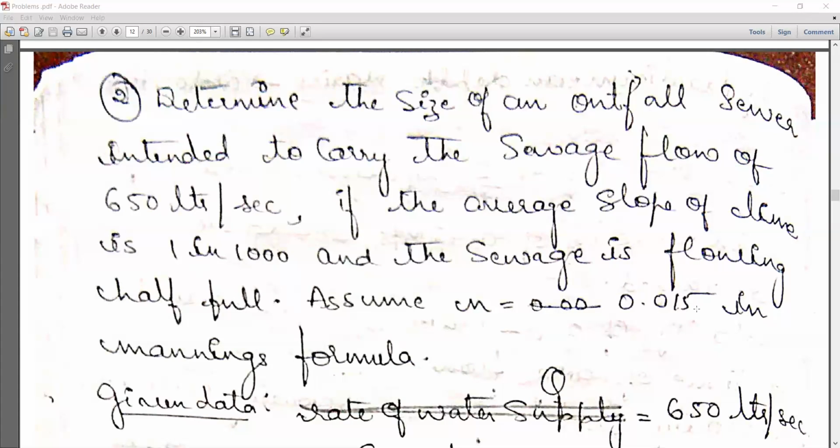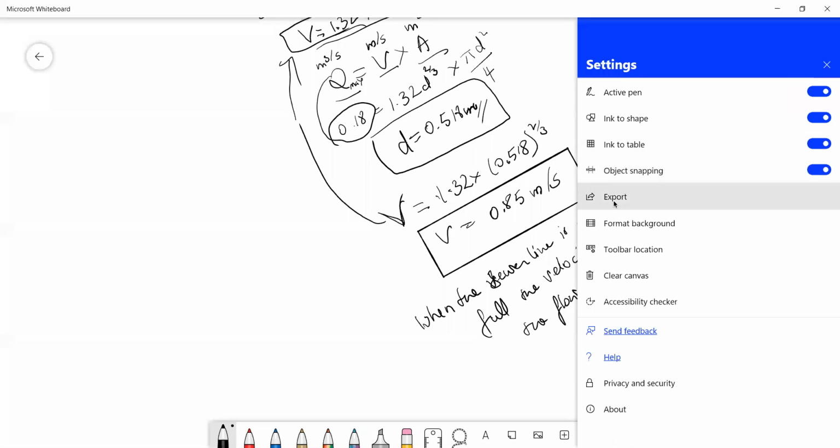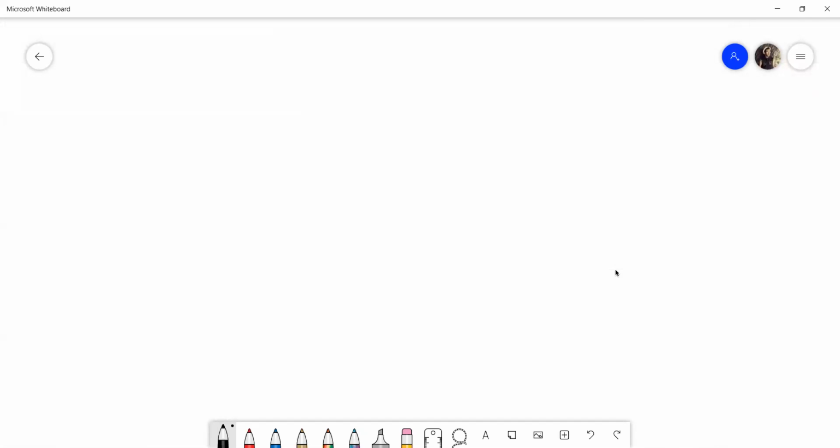Okay, so what we have to find out first? We have to find out the velocity, but we don't know the diameter. So first we'll obtain the diameter formula, that is 1 by n into R to the power 2 by 3 into S to the power 1 by 2.